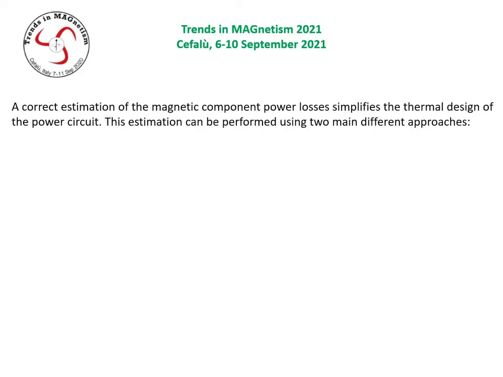So a correct estimation of the magnetic component power losses simplifies the thermal design of the power circuit and at the same time allows for a correct estimation of the overall converter efficiency. The techniques used to estimate the core losses can be substantially divided into two main groups.